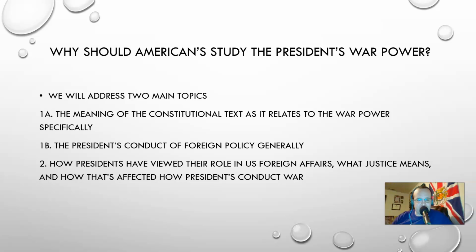So it's the president's conduct of relationships with other countries in a general way, and how that's exercised and viewed really depends on the president. President Trump has a vastly different foreign policy than President Obama did. How presidents have viewed their role in U.S. foreign affairs varies from president to president.